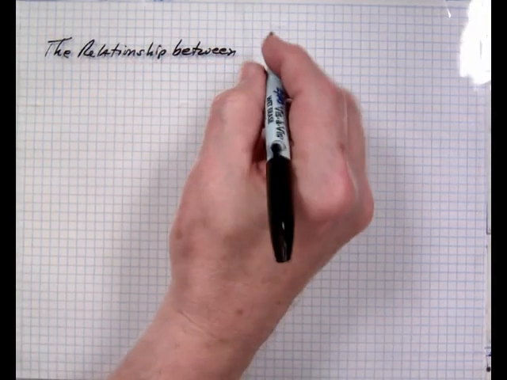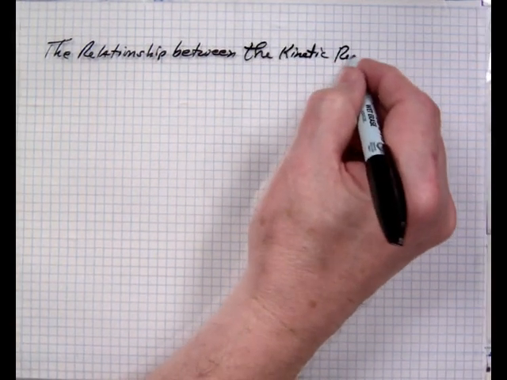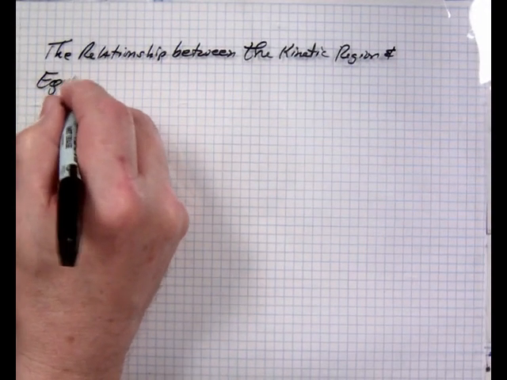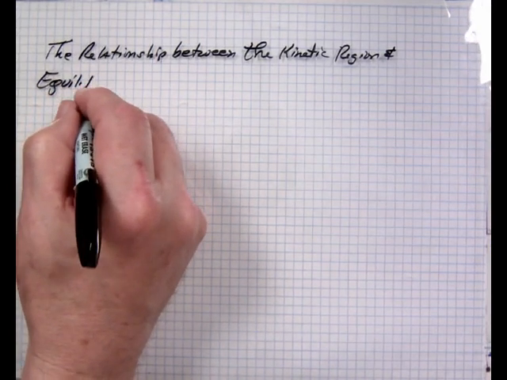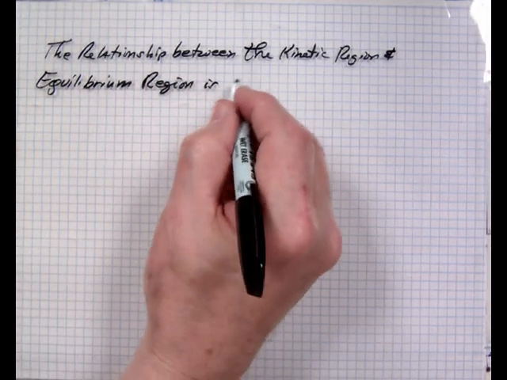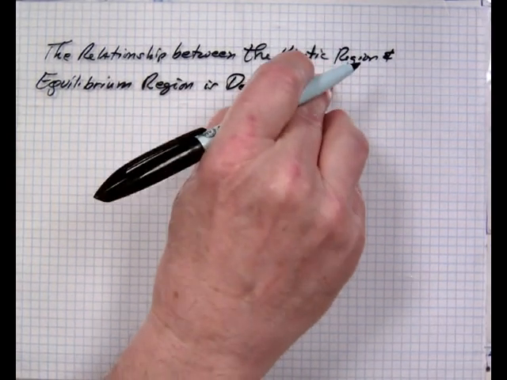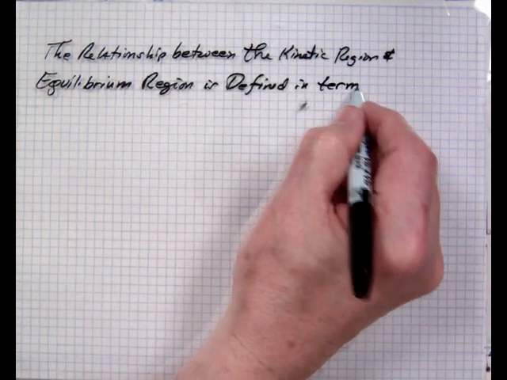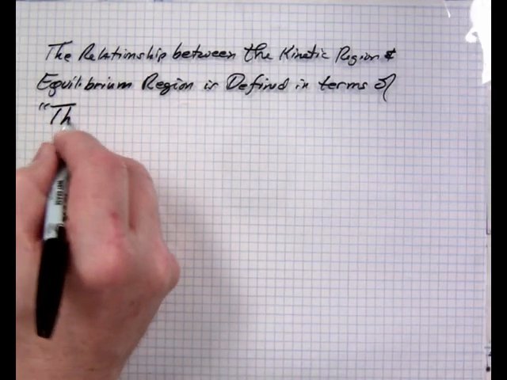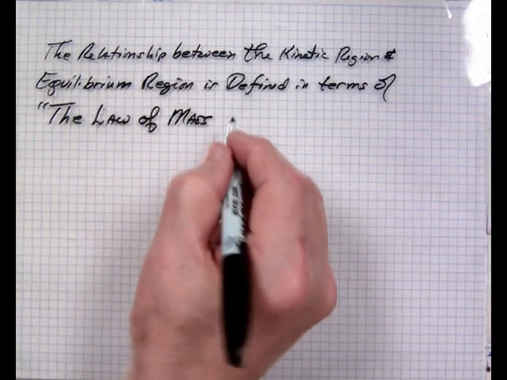Relationship between the kinetic region and equilibrium region is defined in terms of the law of mass action.